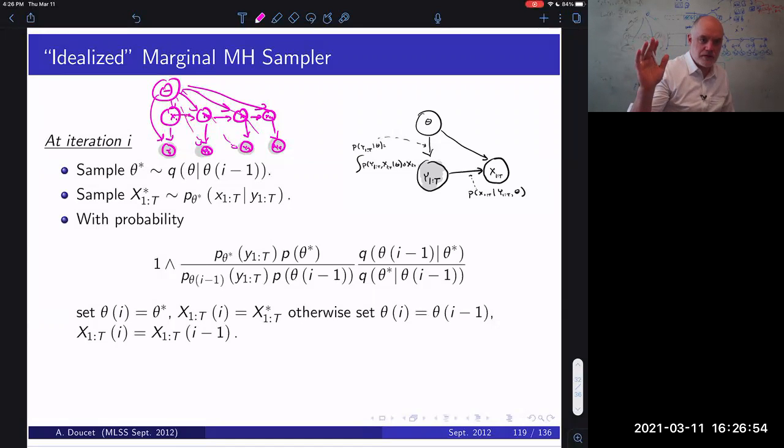There's a whole bunch of situations in which you can imagine models like this. But basically, you can think of theta as being a parameter that governs the evolution of the state space model in some kind of way. If you have a big nonlinear dynamical state space model, you can imagine these are the weights of the neural networks that govern both f and g, for instance. Makes sense?